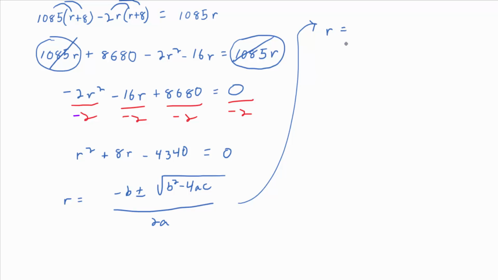What's the opposite of b? Plus or minus square root of 64. Yeah, you just square the b right away. Minus 4ac, so minus what? 4 times 1 times negative 4340.